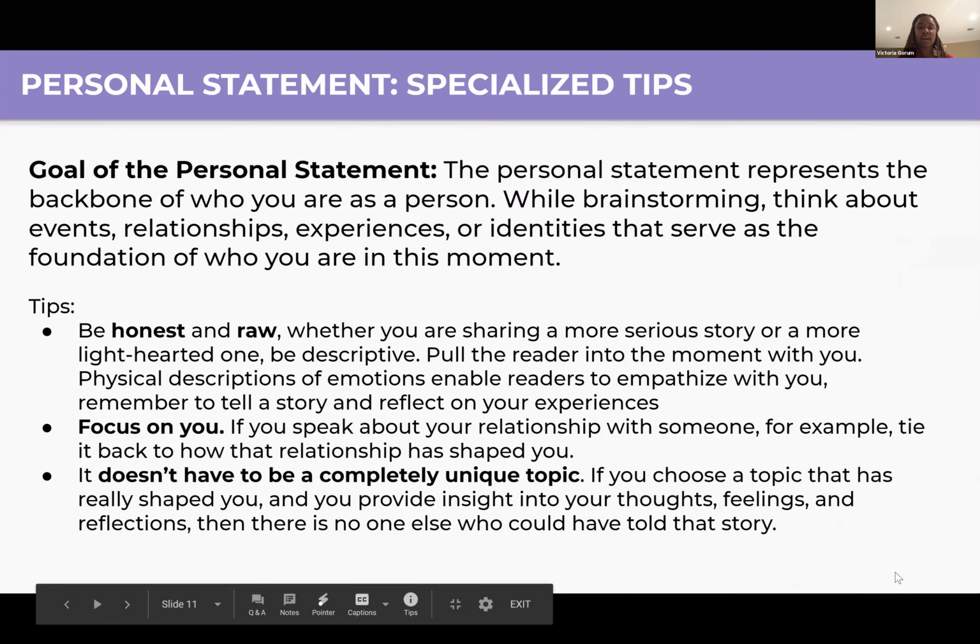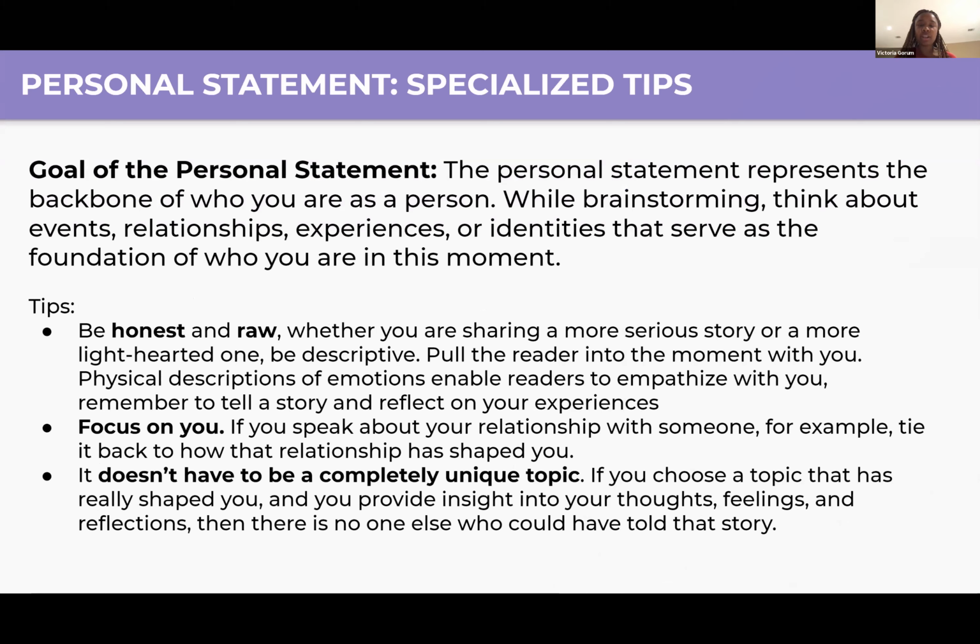Okay. So again, as mentioned earlier, these essays are showcasing a 360-degree view of yourself. In the personal statement, the thing to keep in mind is that this represents the backbone or the foundation of who you are as a person right now.